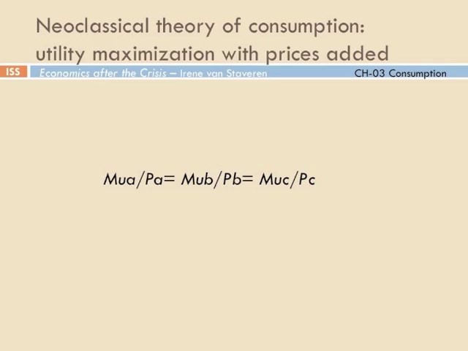So when you maximize your utility for a big set of consumer goods, this is basically what you do behind your intuition of the law of diminishing marginal utility.